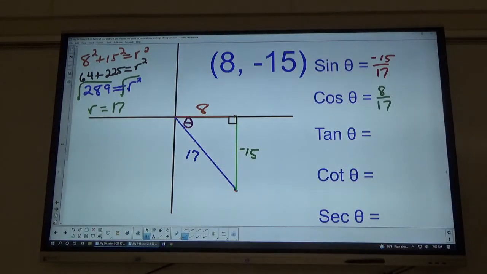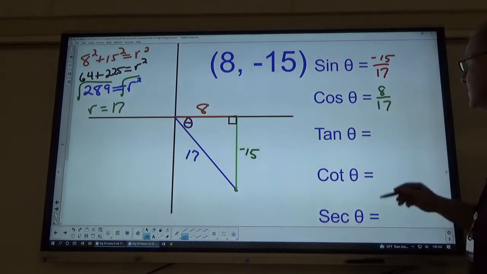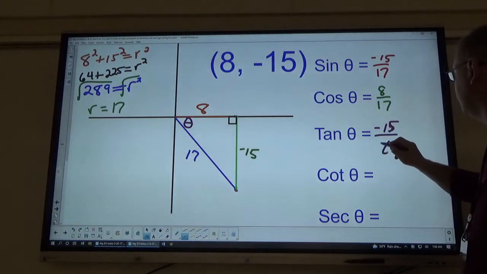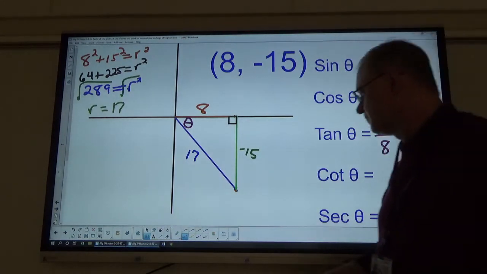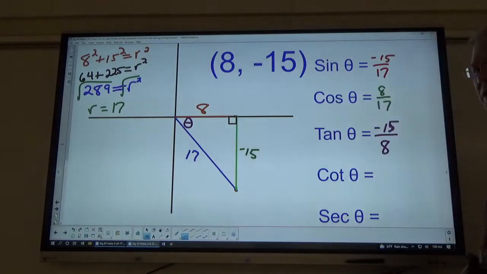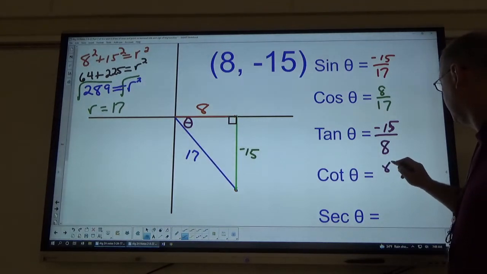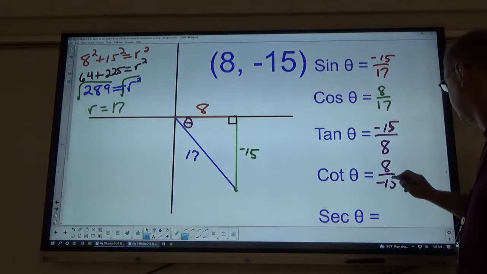Tangent is opposite over adjacent, -15 over 8. And then we also remember that tangent and cotangent are reciprocals, so 8 over negative 15.